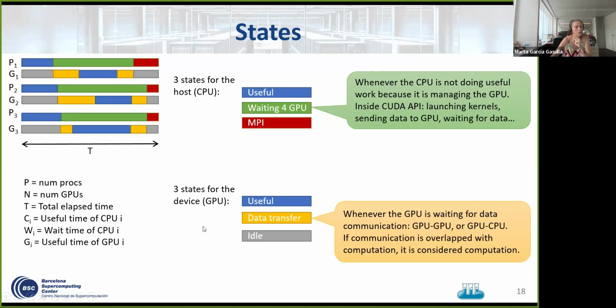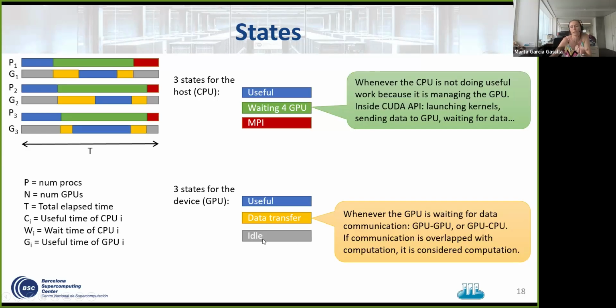The devices are also divided into 3 different states. They are either doing useful work or moving data. Data movement can be between GPUs, between GPU and CPU, or CPU and GPU. So any moment where the GPU is busy just because it's moving data instead of computing things, it's the data transfer state.